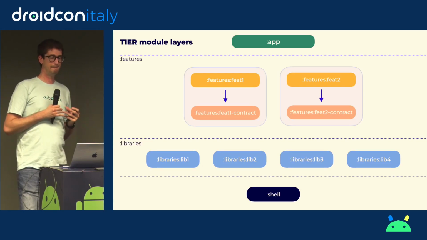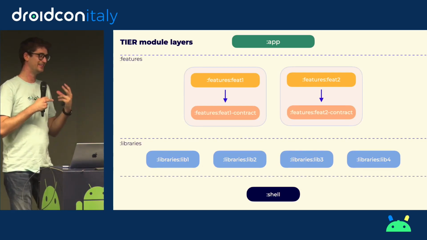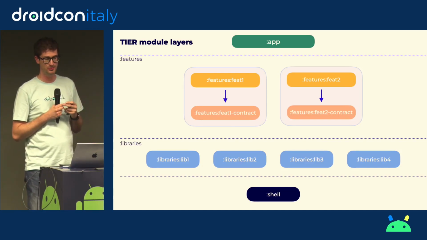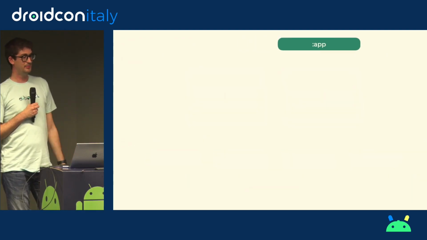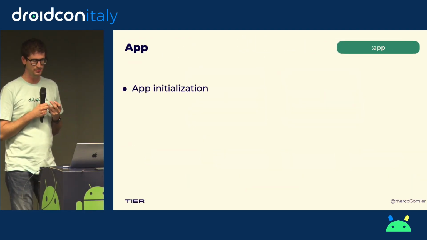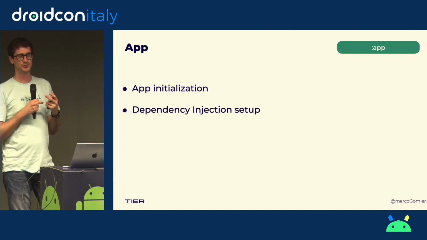Okay, so that was the core of the layers. Now we reach the top layer, which is the application module. The application module is basically responsible only for initializing the application. It also sets up the dependency injection graph.